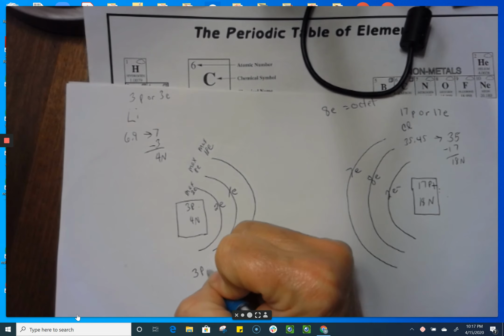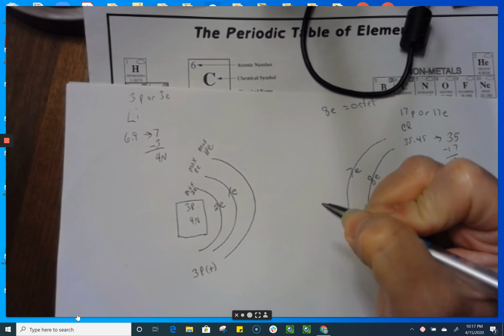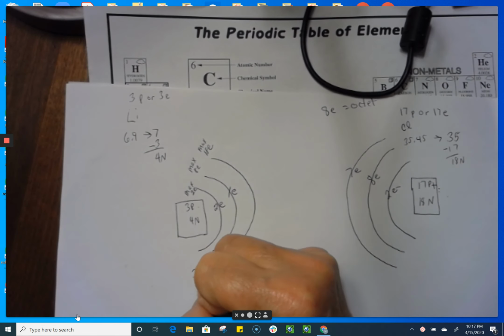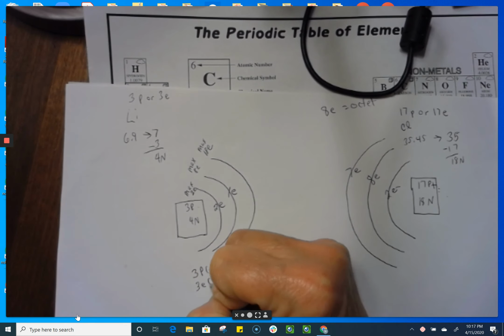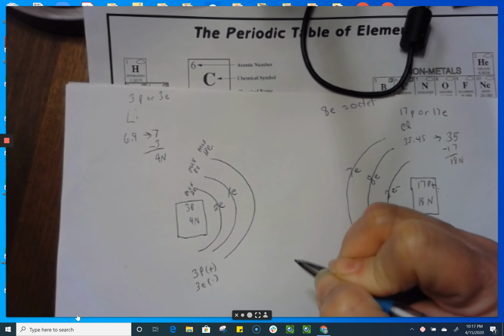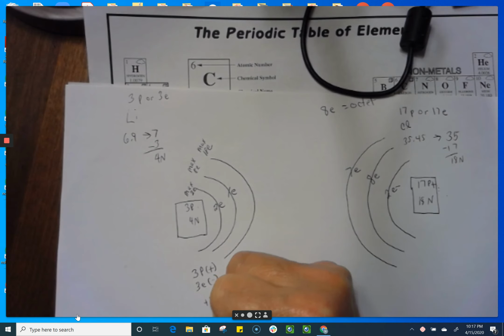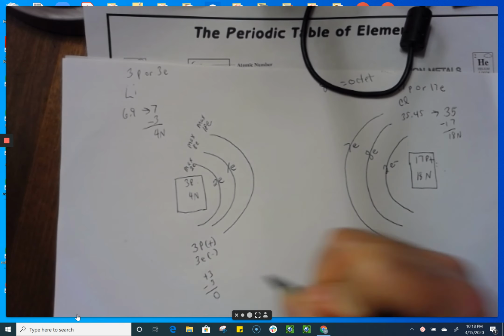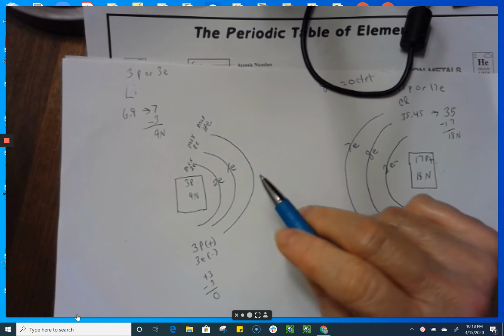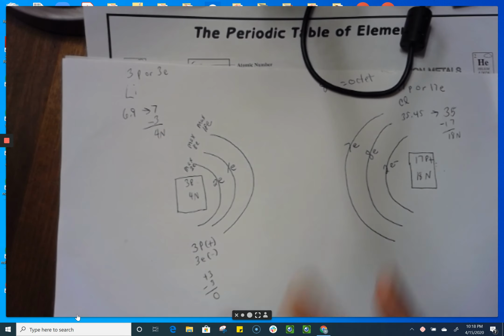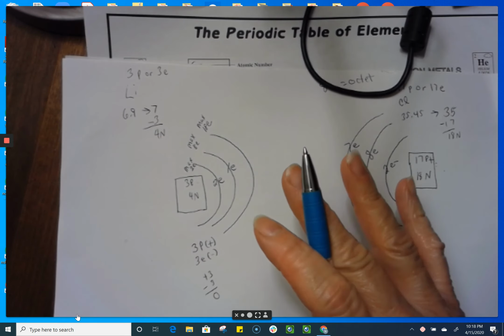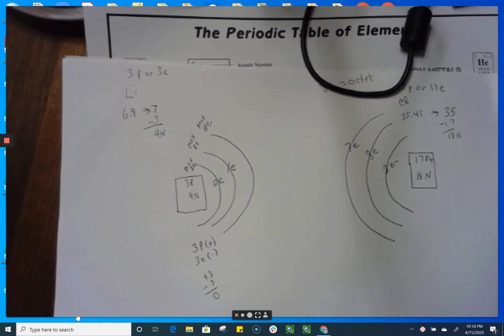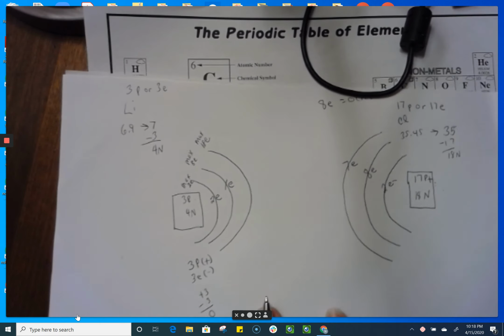So right now, lithium has 3 protons, which means it has 3 positive charges. And it has 3 electrons, which means it has 3 negative charges. A +3 and a -3 equals 0, which means right now this atom's neutral. It has no overall positive or negative charge, no net gain positive, no net negative charge.